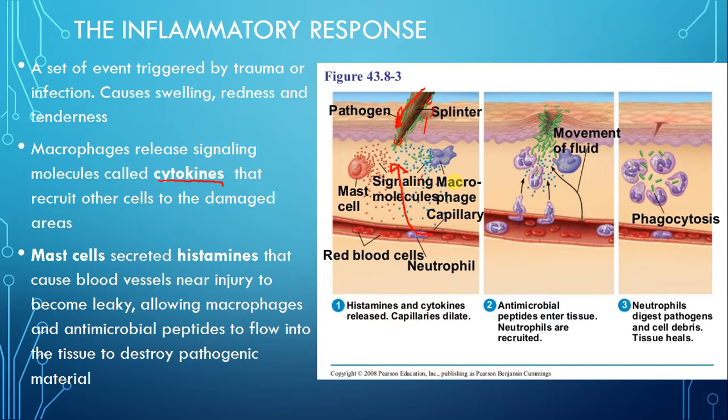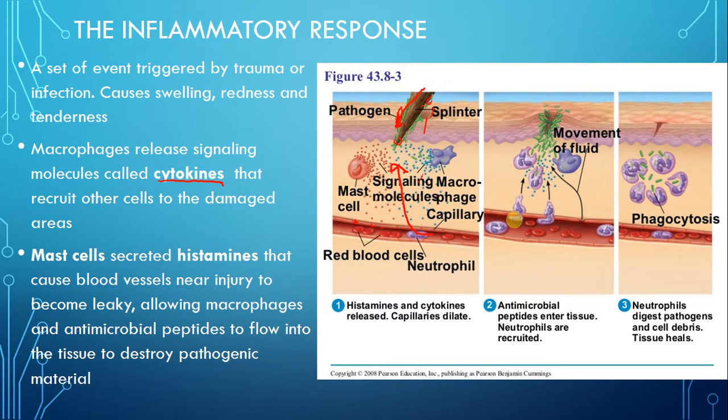Other things that end up being recruited are mast cells. Mast cells increase histamines, and these cause your capillaries to become leaky. So they become like spaces in between the capillary walls.